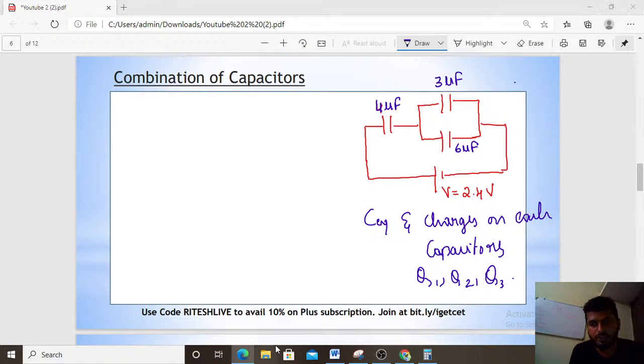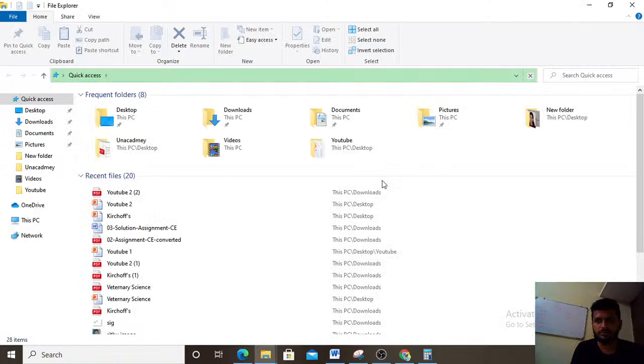Okay, here we use the formula Q is equal to CV. Sorry. System is running. Okay, so Q is equal to CV.